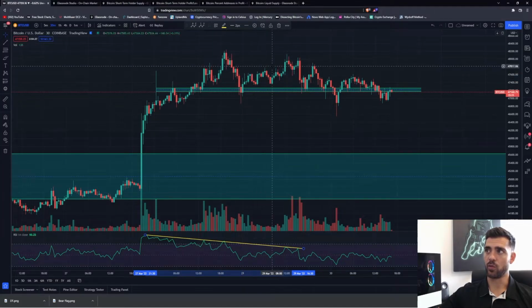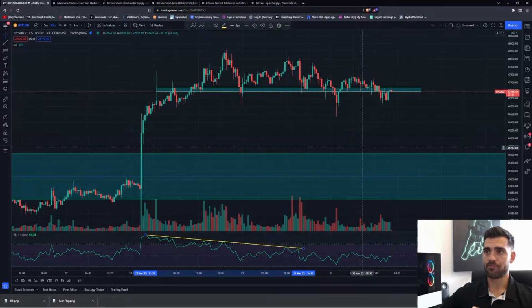Then that follows with weakening price structure here along the duration of this range. Usually this is met with a markdown to the downside, most likely a retest. That's the immediate current price structure of Bitcoin by level.